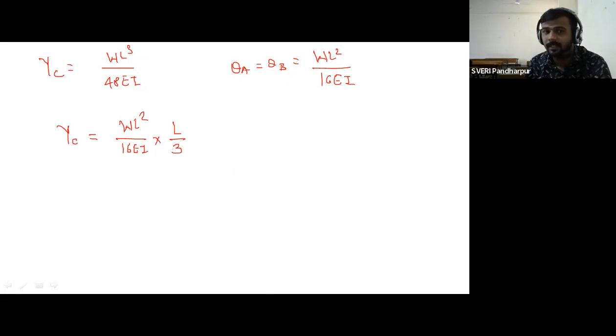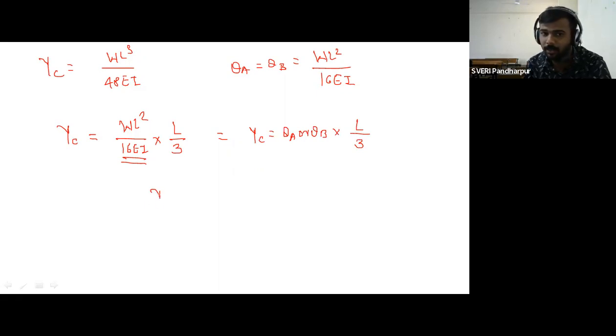WL square upon 16 EI आणि हा फॉर्म्युला जर मल्टिप्लिकेशन केलं WL square into L, WL cube E into I, असं 16 into 3 48. हा फॉर्म्युला म्हणजे काय? YC is equal to theta A or theta B into L by 3.